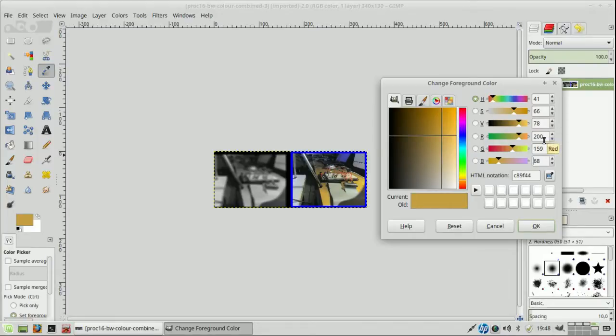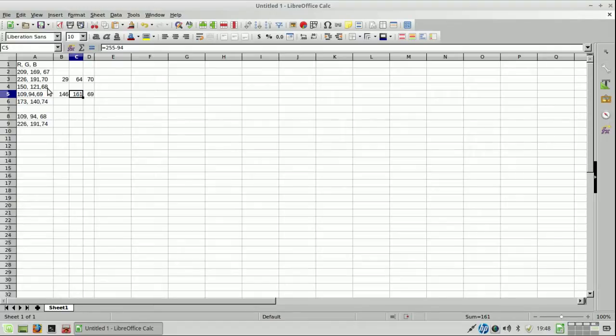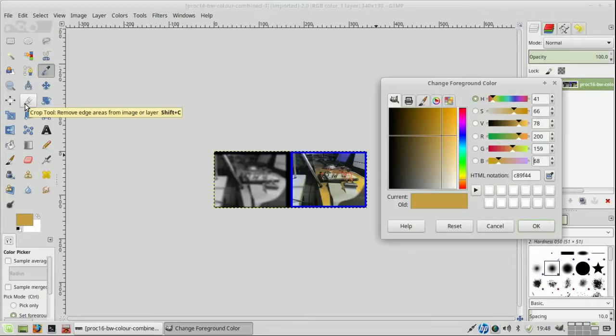Okay, let's go to the spreadsheet again. This should be BGR. Very different values indeed. So I wonder if even this is going to lead me somewhere.